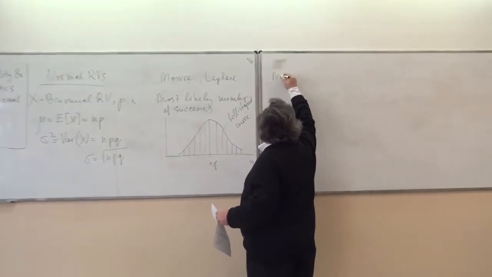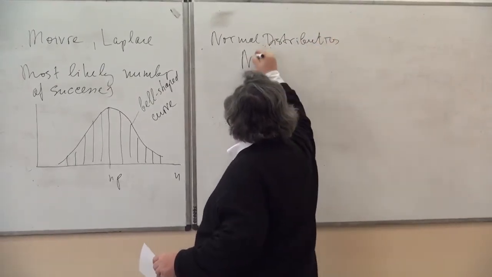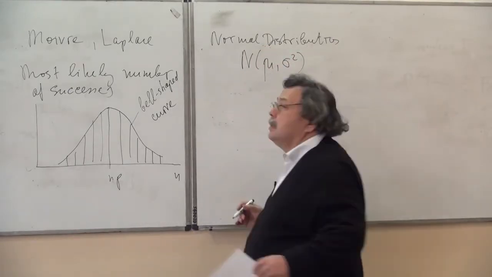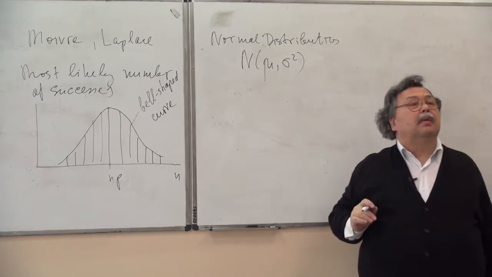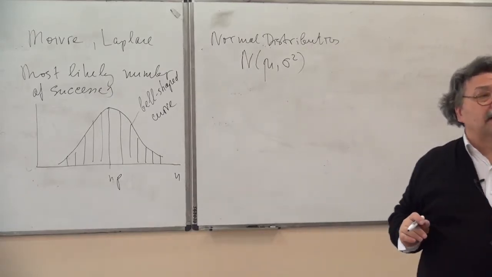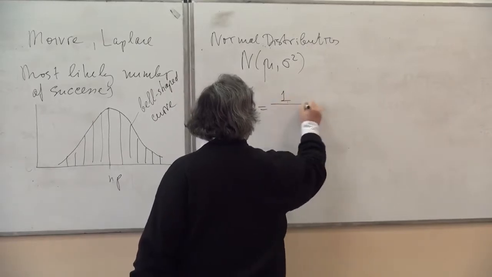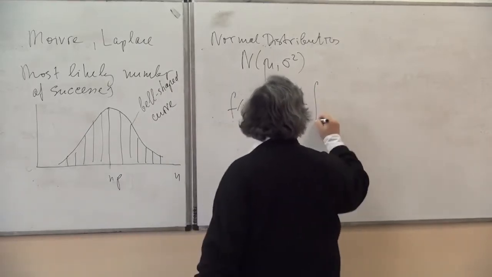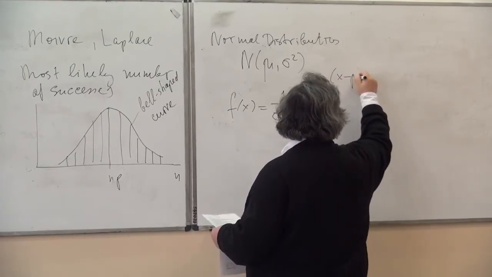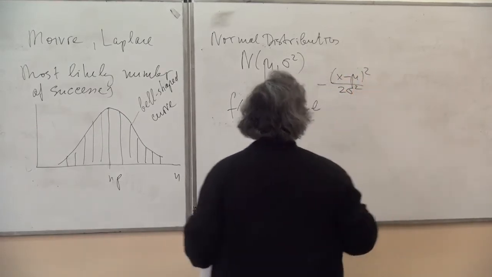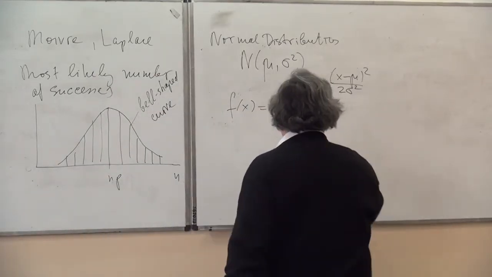So the normal distribution, and this is the standard, accepted notation for it, with capital N, and then we state two parameters: mu, which is the expected value, and sigma squared, which is the variance. Well, let me draw a picture here.